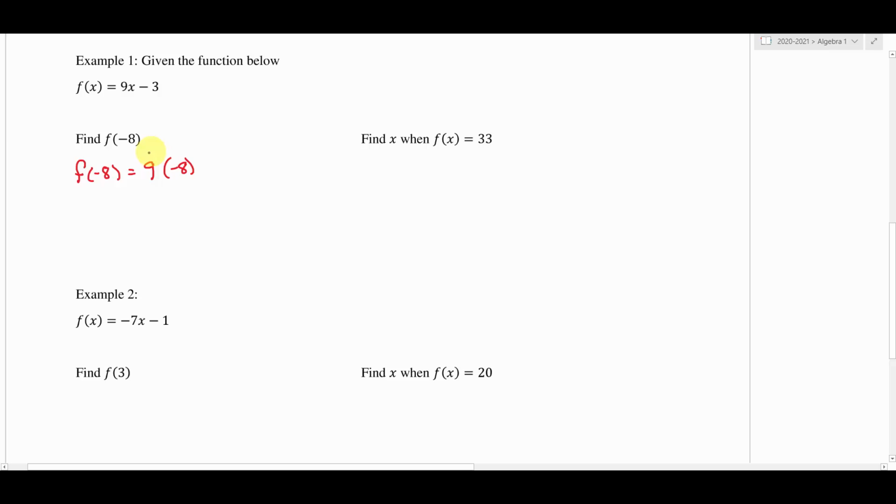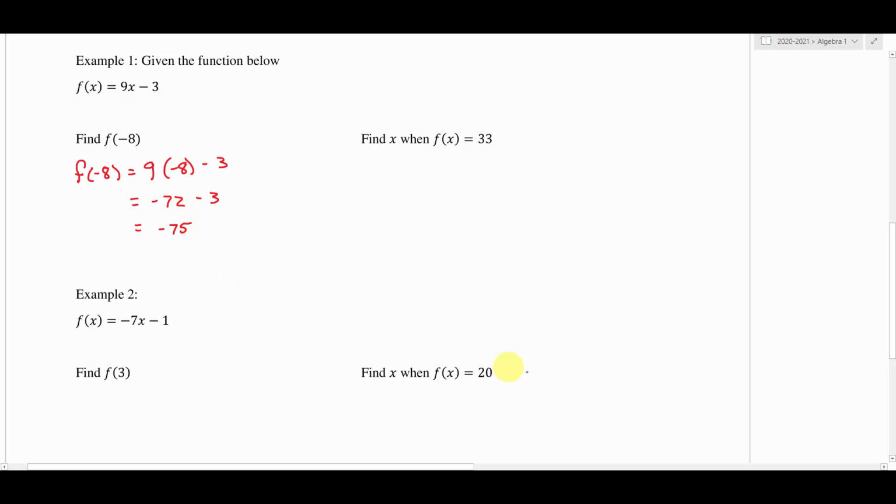So instead of 9x, I have 9 times negative 8, and then I still have that minus 3 on the end. Okay? And then we start evaluating, right? So 9 times negative 8 is negative 72, and we still have a minus 3. And then if I do negative 72 minus 3, well, that's going to be negative 75.